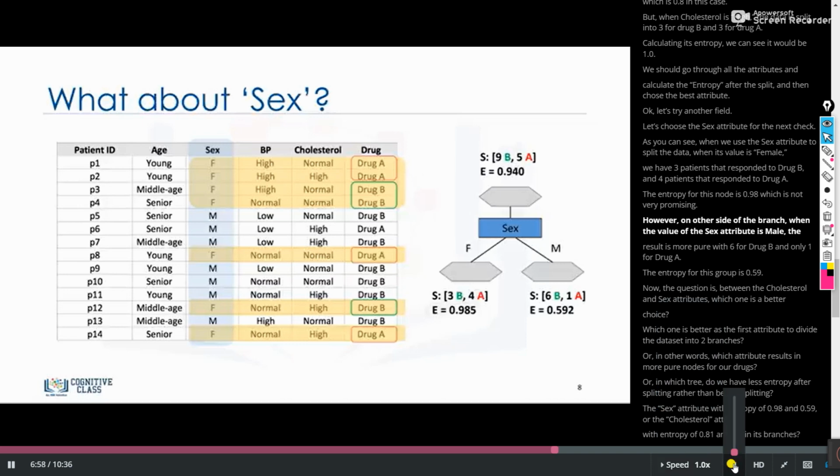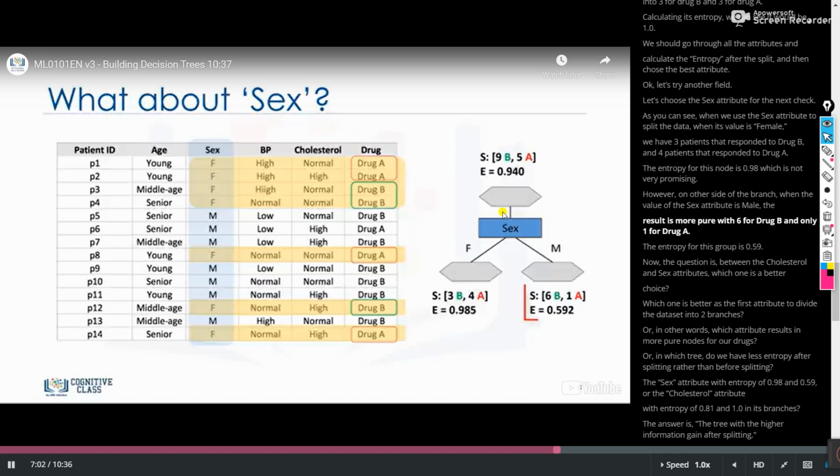So first let's check the sex attribute with respect to the target variable. In that data set the label is 0 and 1 only, instead of drug.